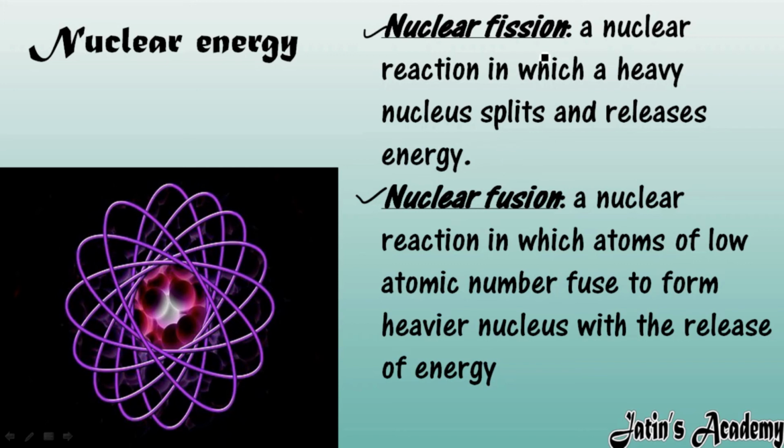First, we are having nuclear fission. Fission means to split. Whenever in a nuclear reaction, a heavy nucleus or heavy atom splits into two parts, the amount of energy released by its splitting, that energy is known as nuclear fission, or this reaction is known as nuclear fission.